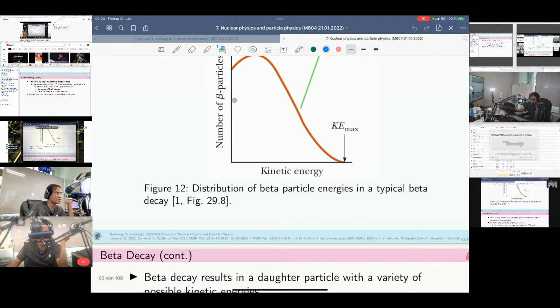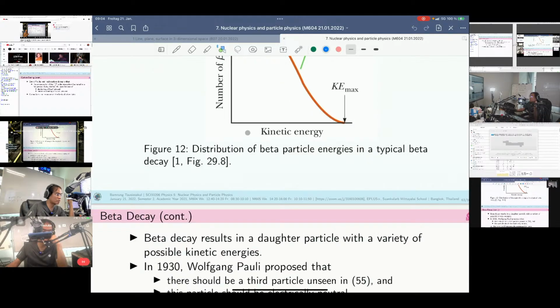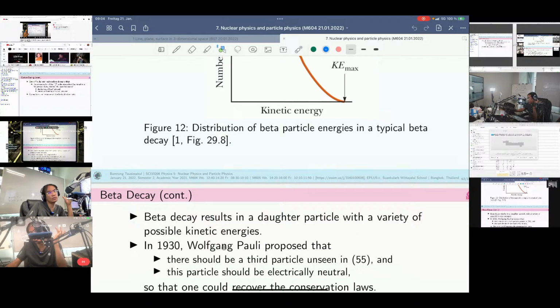So in 1930, Pauli, who gave the exclusion principle, said it applies not only to the electron. In the previous chapter, the Pauli exclusion principle said electrons cannot share the same quantum numbers, but it is also valid for any particle, like bosons and so on.